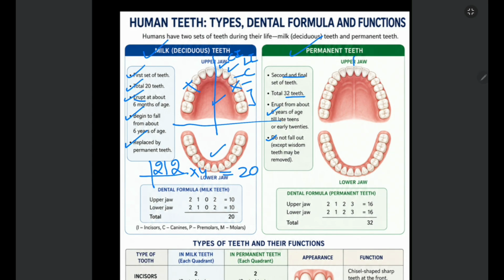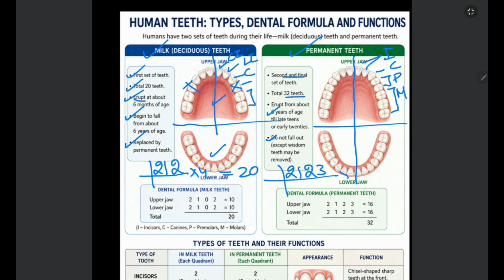Again, if I try to divide the upper and the lower jaw, I'll be able to get 4 quadrants. Again, I'll have 2 incisors, 1 canine, 2 premolars and 3 molars. So the dental formula here would be 2, 1, 2, 3.